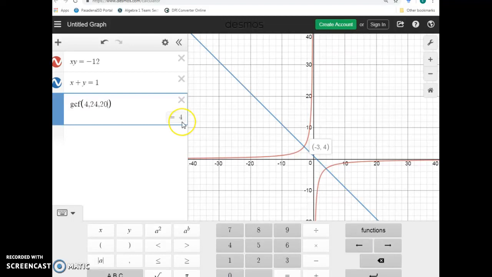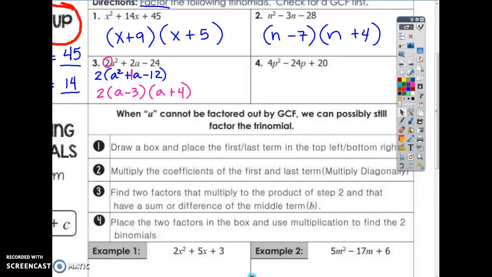That means I can divide everything out by 4. So I'm going to take out a 4 and start dividing. 4 divided by 4 is 1p squared. Negative 24 divided by 4 is a negative 6p. And 20 divided by 4 is a positive 5.